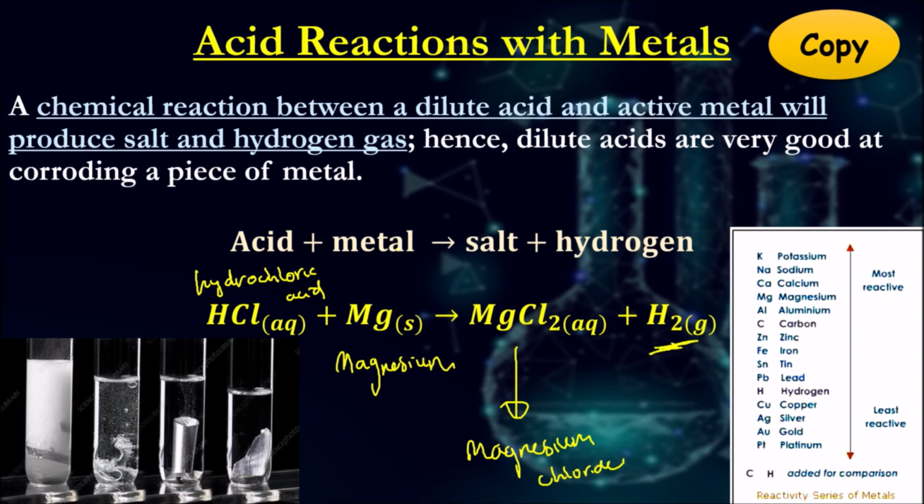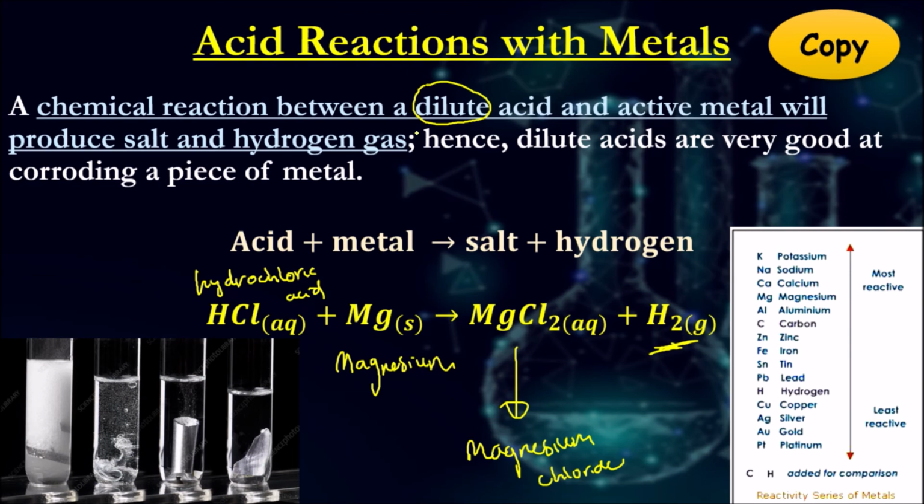The metal is obviously solid when we react it. We use diluted acid to do this reaction, so not concentrated but diluted. The reason being is if it's not diluted, the particles can't actually separate and then react with the metal.